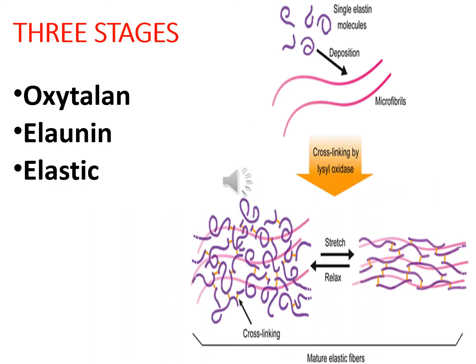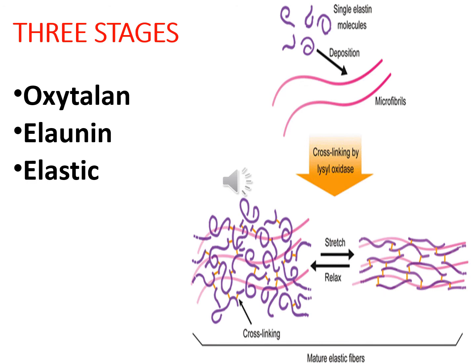So the formation of elastic fibers follows three stages: oxytalan, elaunin, and elastic fibers. The single elastin molecules are deposited on the microfibrils, fibrillin proteins. Then they cross-link by lysyl oxidase. Then they further cross-link and they can be stretched and relaxed. Mature fibers can stretch and relax.